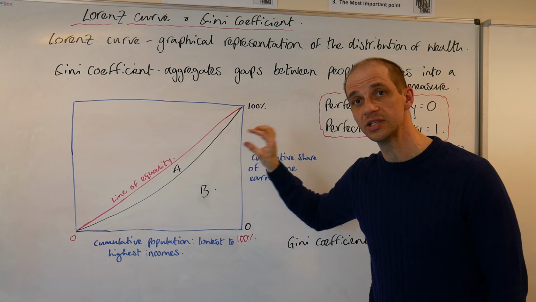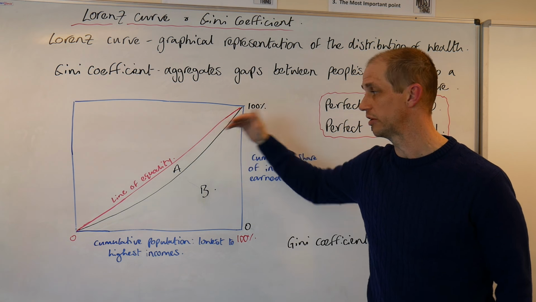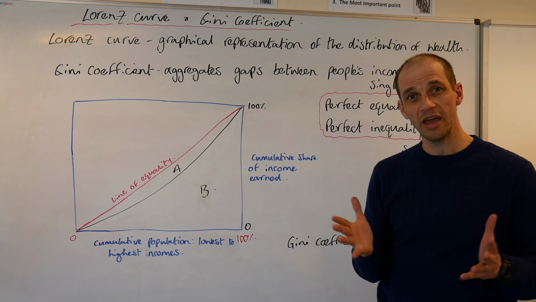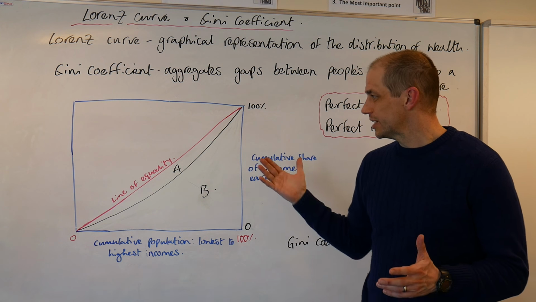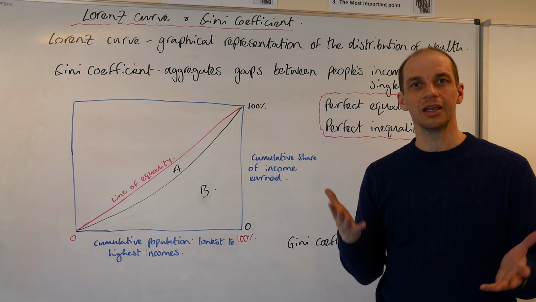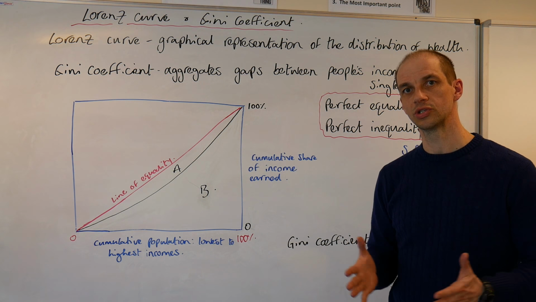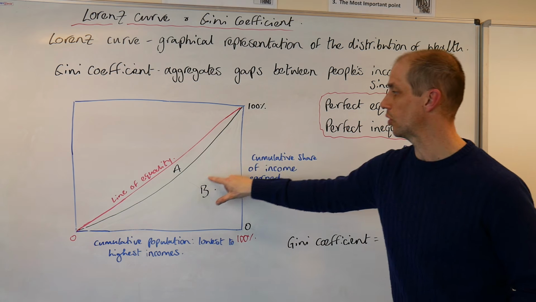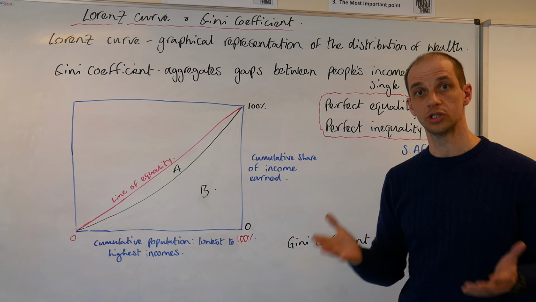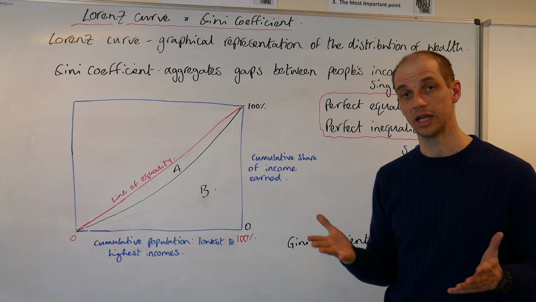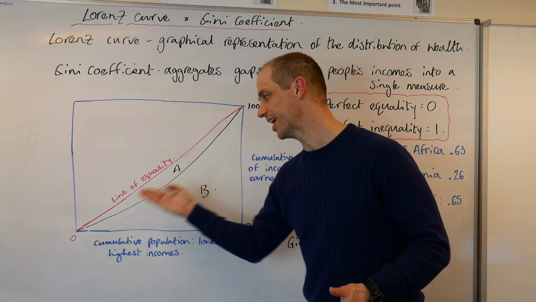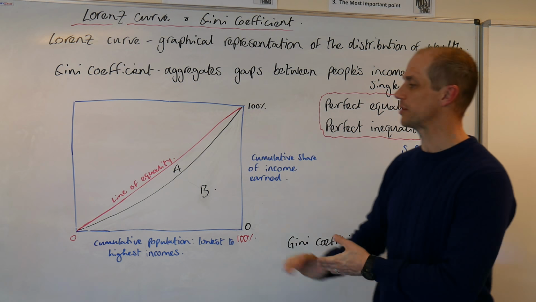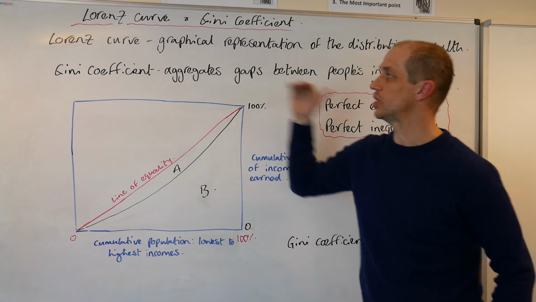But it isn't that far away from our line of perfect equality. So you're likely to consider that a relatively equal society. It is not as if the line was coming right out here, which would highlight a highly unequal society.